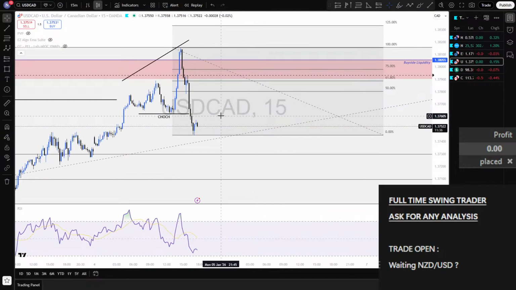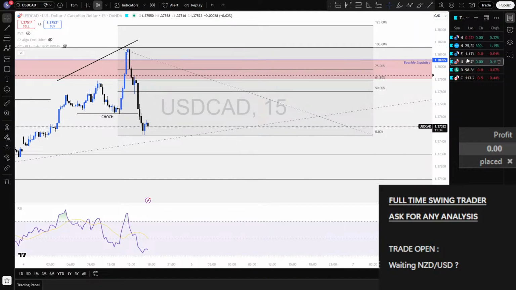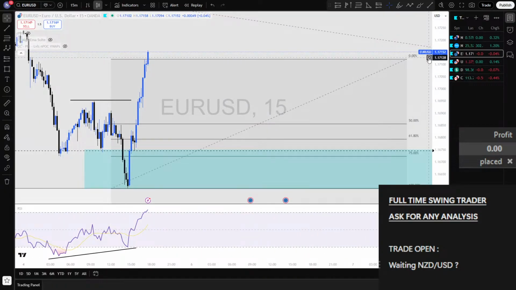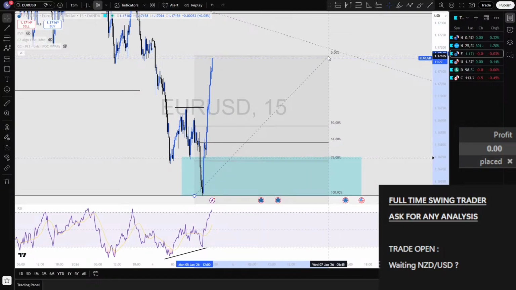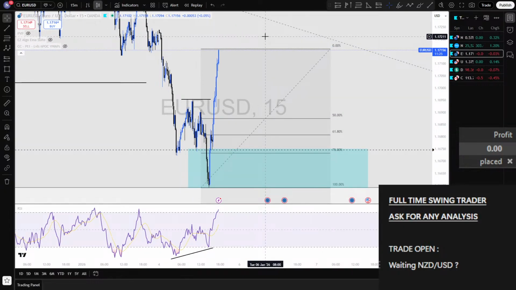You know what we are waiting for. USD CAD, DXY, EUR USD too. But everything seems to just fly for now.